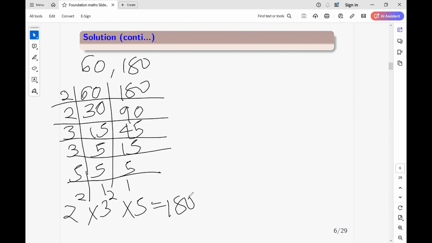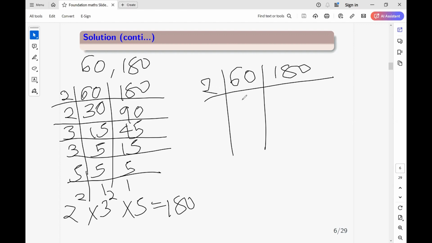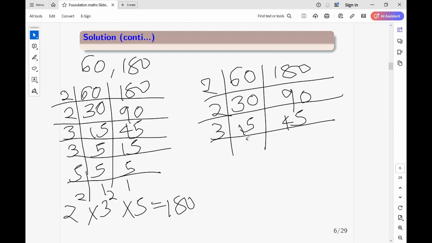And then computing the GCD, as I did before, for 60 and 180. Definitely here 30, here 90, 2 again, 15, 45, 3, 5, 15, and then 5, 1, 3.